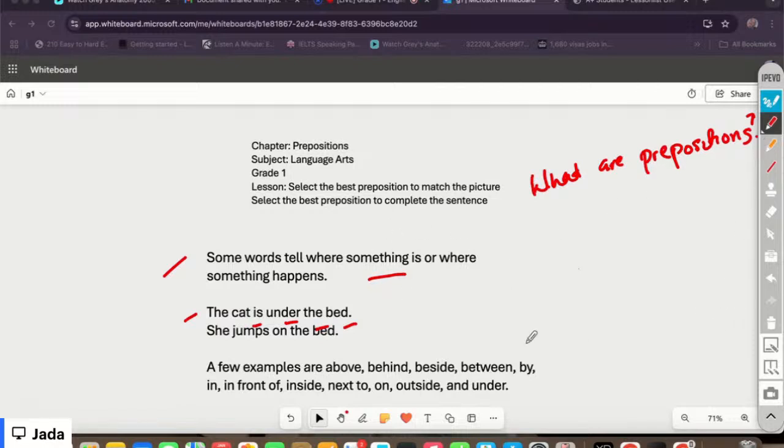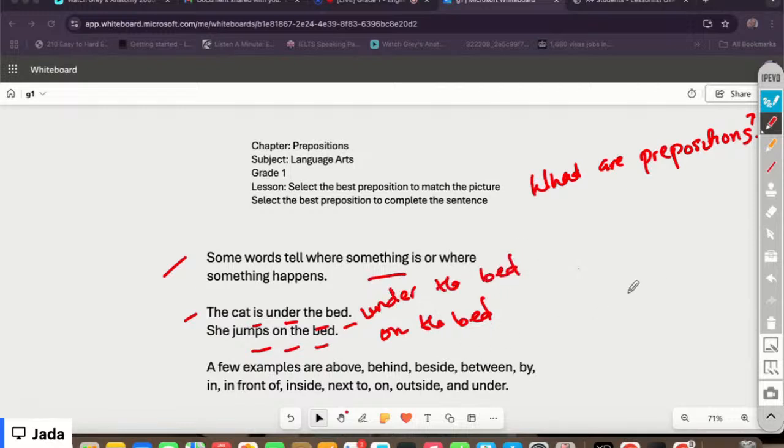And then also we have she jumps on the bed. Now you'll be asking where did she jump or where is it happening? So she's jumping on the bed. And for this part you would say the cat is under the bed.